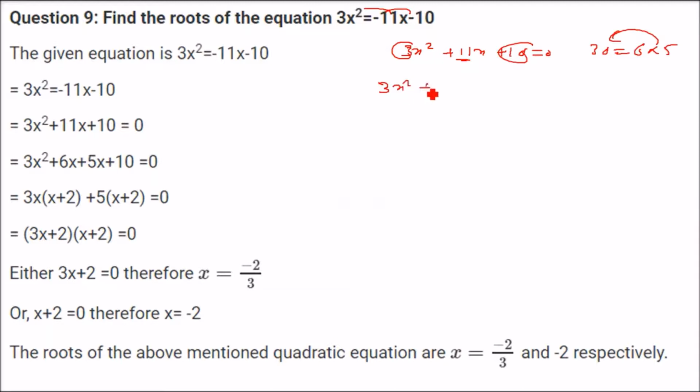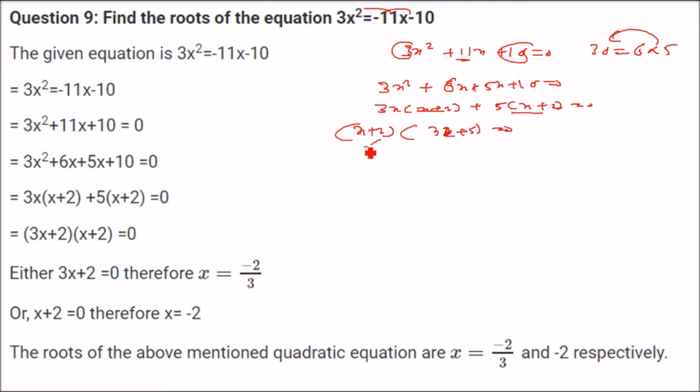So you can write 3x square plus 11x as 3x square plus 6x plus 5x plus 10 equal to 0. Here you can take 3x common, you get x plus 2. Here you take 5 common, you get x plus 2 equal to 0. Now x plus 2 can be taken out. You get 3x plus 5 inside. This gives you x equal to minus 2. This gives you x equal to minus 5 by 3.